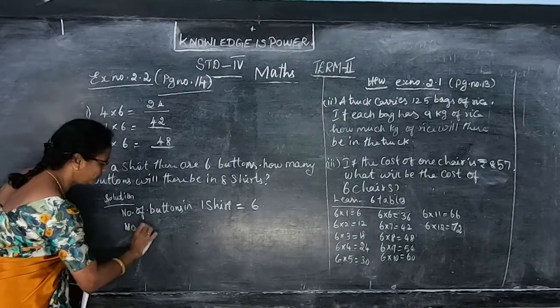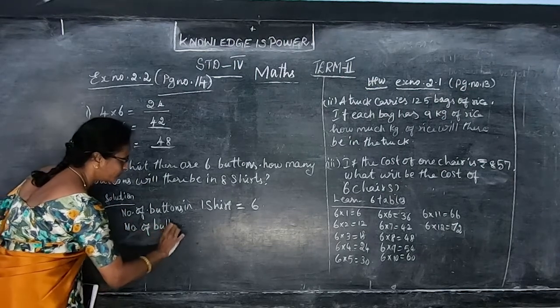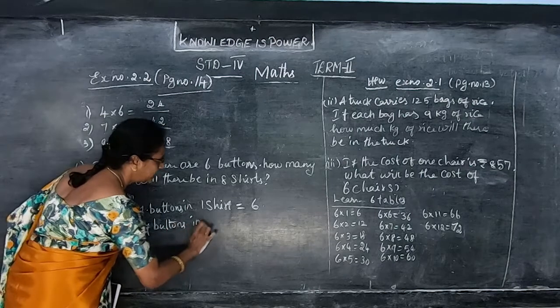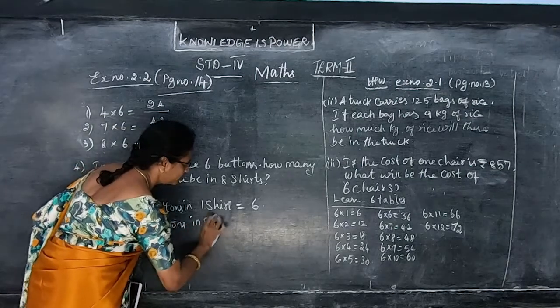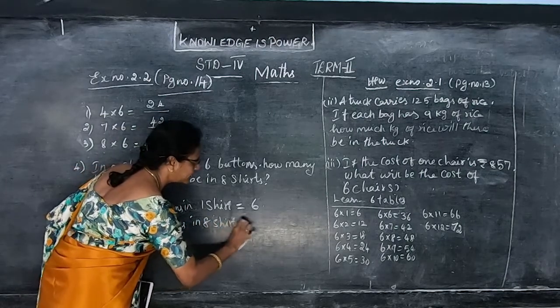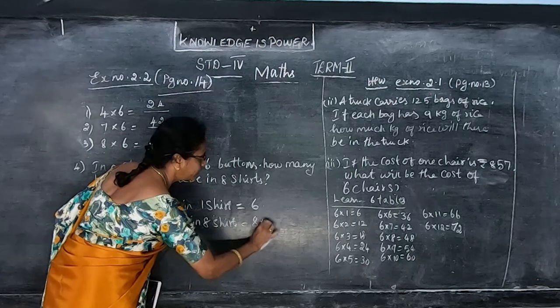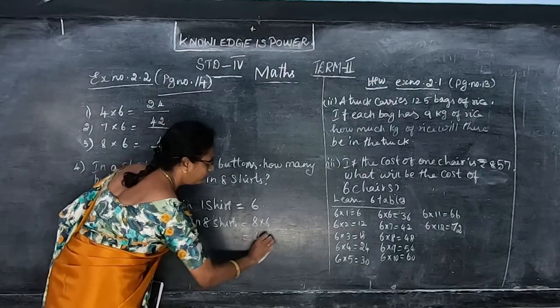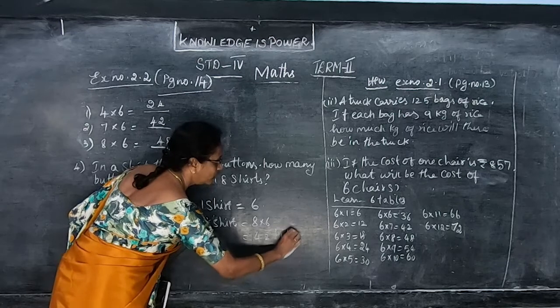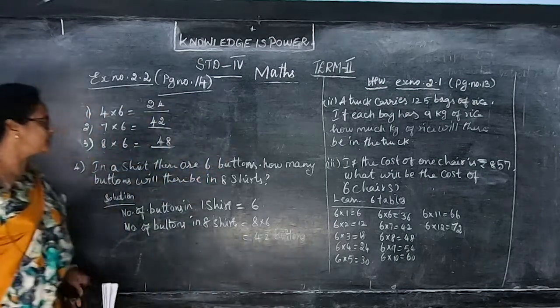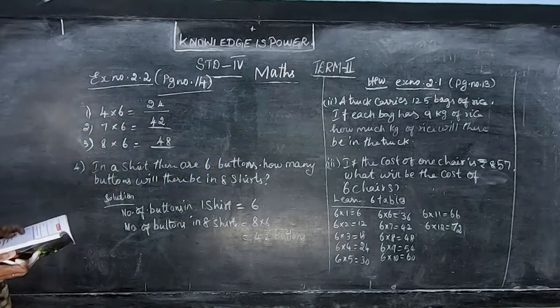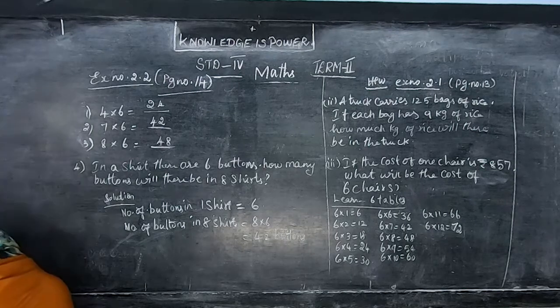So number of buttons in 8 shirts is equal to 8 into 6, that is equal to 48 buttons. Like this you can write, children. Learn the 6 tables.